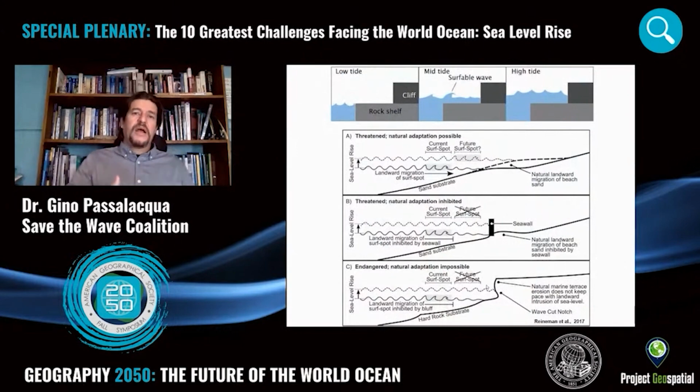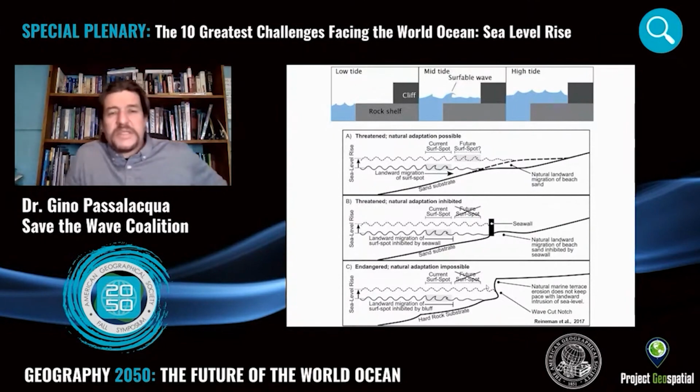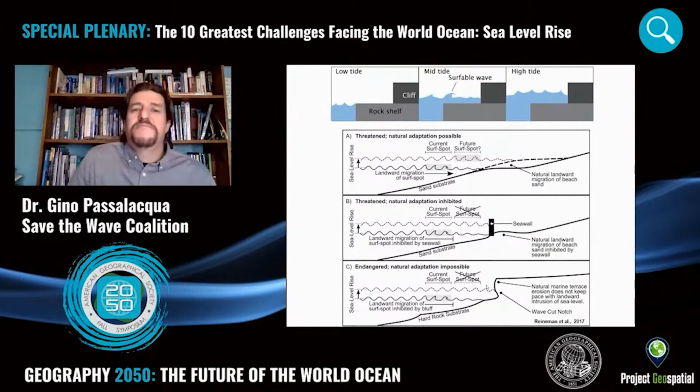So how is sea level related to a surfable wave or a surf ecosystem? On top we have a scenario in which a surfable wave only breaks in a mid-tide condition.